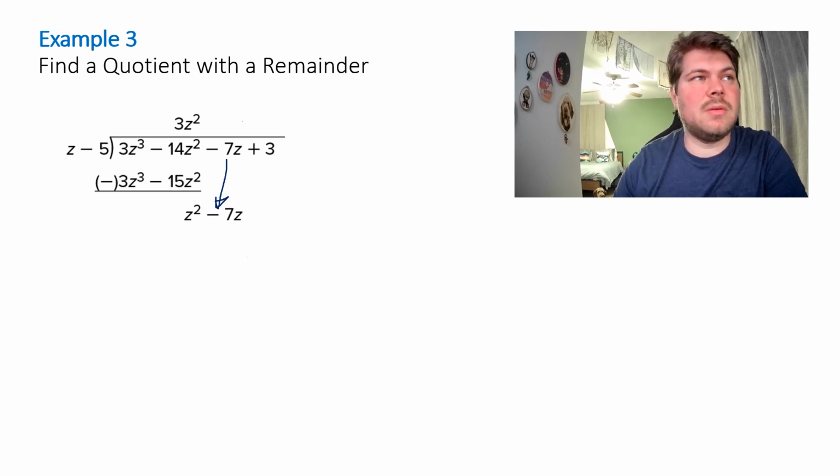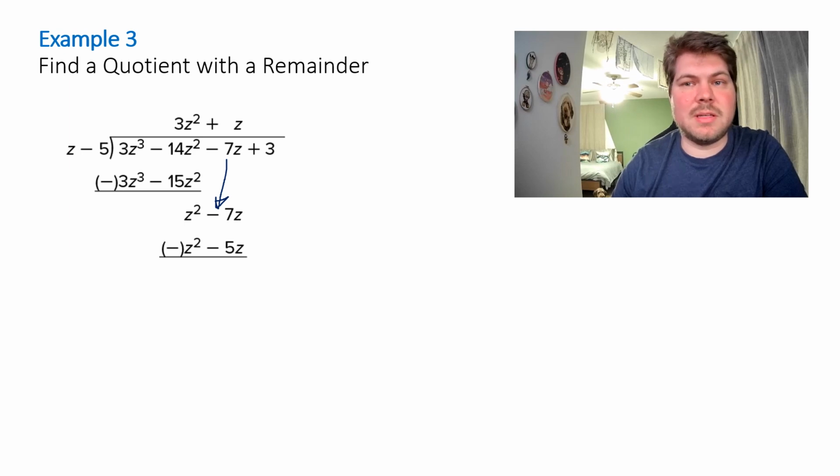And so that's plus z, and then z times z minus 5 is z squared minus 5z, and then remember, the minus minus makes it plus 5, this makes it plus 5, and so negative 7 plus 5, or think about it as 5 minus 7 will be negative 2z plus 3.